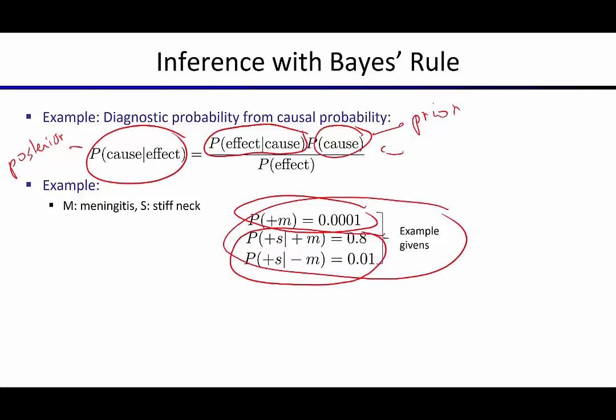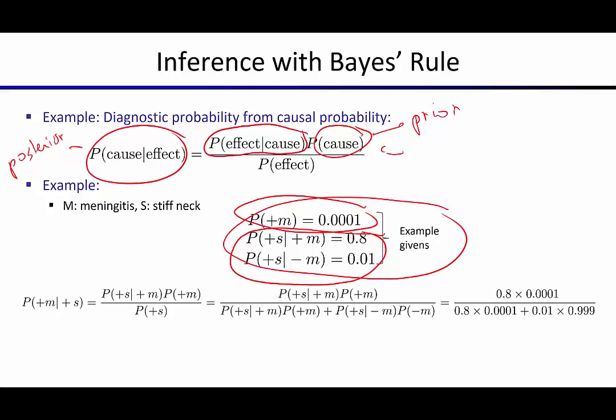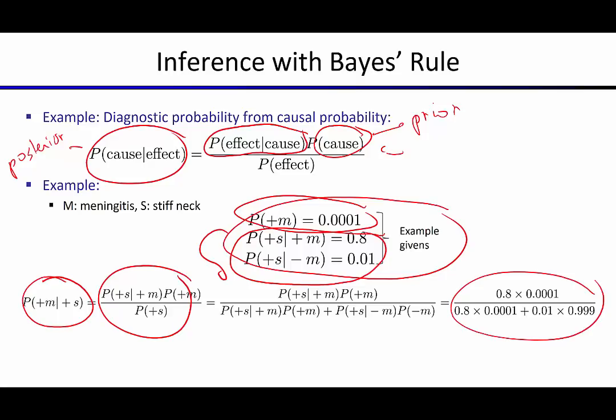When they don't have meningitis, there are statistics on how often they have a stiff neck. That's what you build up ahead of time. Now, if somebody comes in, you want to know whether they have meningitis or not, you apply Bayes' rule, which is this thing over here, fill in the numbers, and whatever this number is will tell you the probability that they have meningitis given what you measured.